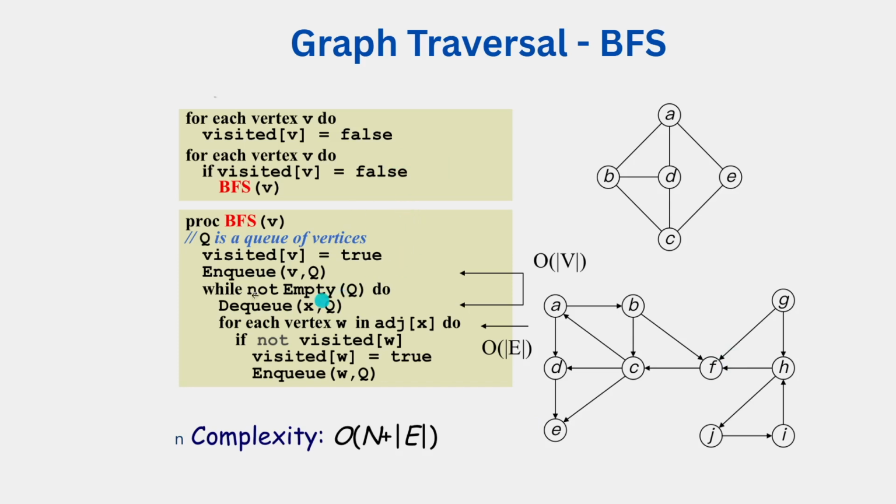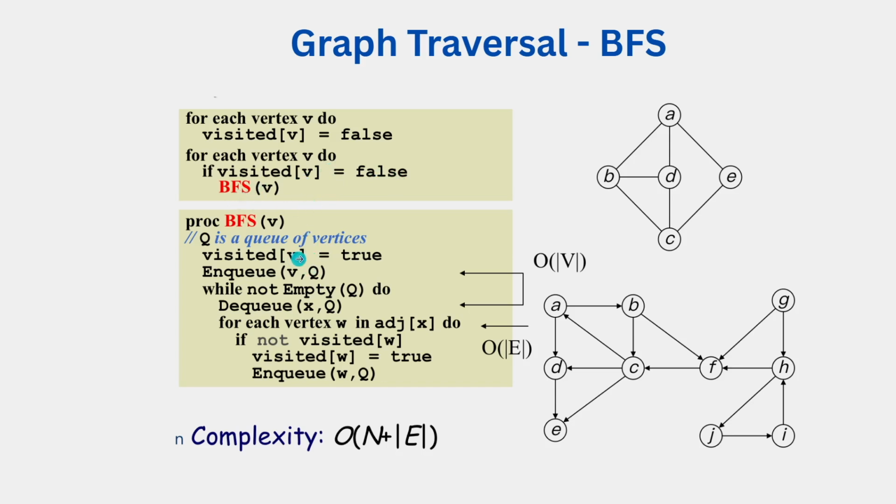So, here this is what we do for every vertex. Initially this is kind of initialization, we mark all the vertices as not visited, which means visited of v is set to false. Then for every vertex, if it is not visited yet, we make a call to the procedure BFS of v.